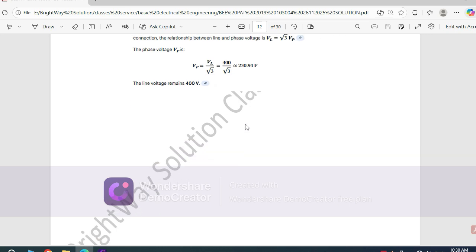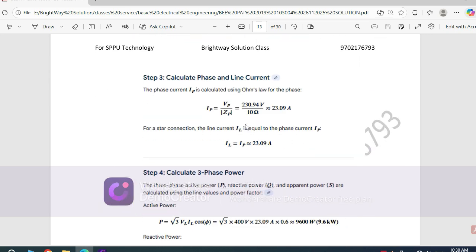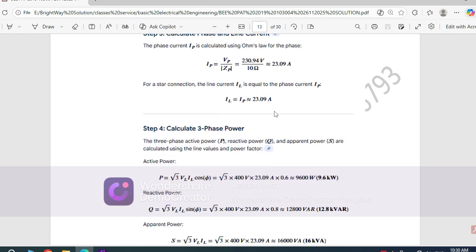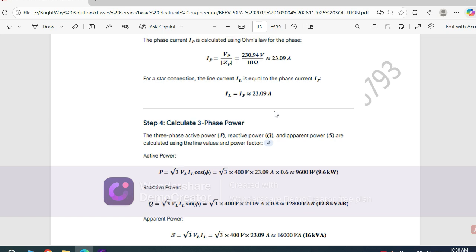The line voltage remains 400 volt, no issue. Next, the phase current, Vp upon Zp, you get 23.09 ampere. Line current and phase current are the same in a star network.